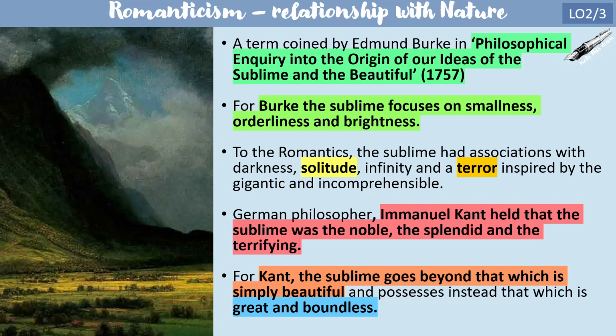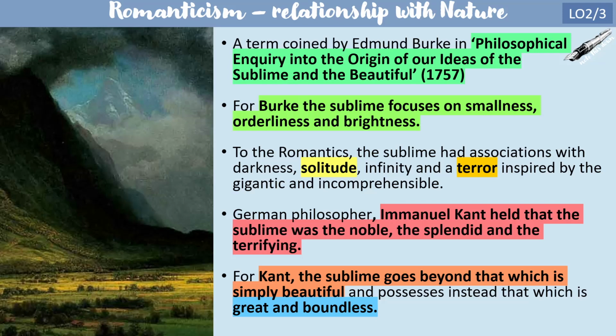What Burke focuses on here in the sublime is smallness, so being made to feel small by the universe, a sense of orderliness and structure within our lives, and finally the brightness of the experiences that we can glean from being made to feel small in amongst such a big unknowable universe.